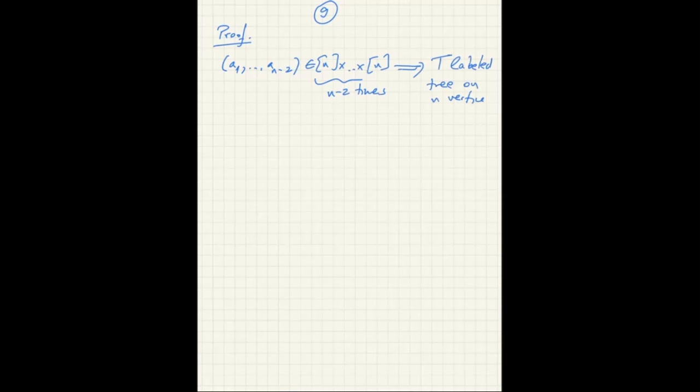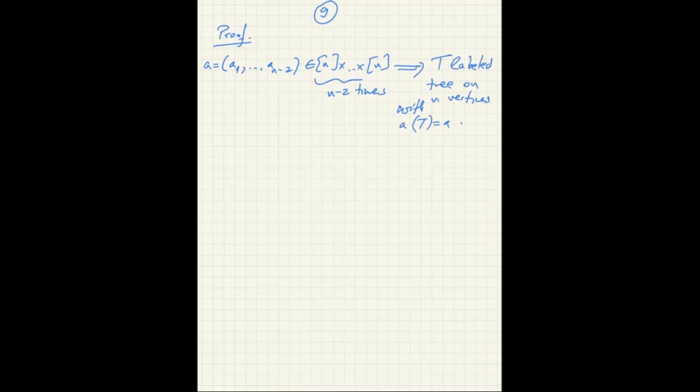So basically, if you give me some tuple here in the Cartesian product n times blah blah times n, n minus 2 times, then there is a unique labeled tree on n vertices, let's call this A, with A of T equals A. And the construction will show that T is unique.